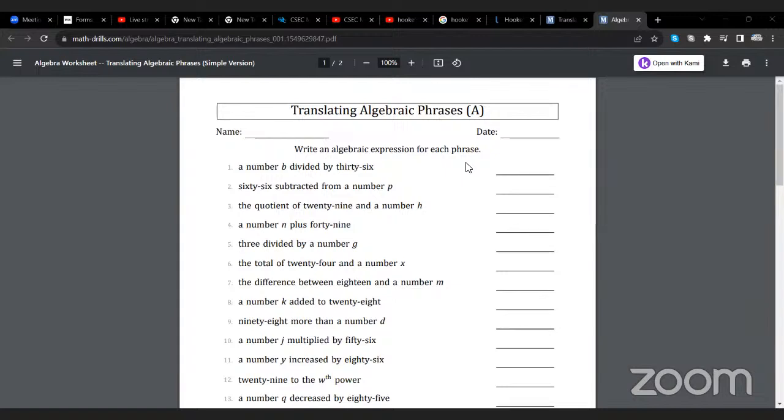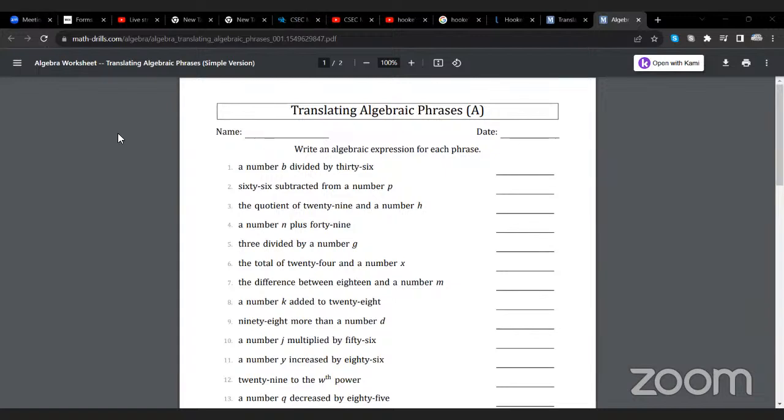Note it's a number B divided by 36. So how would you write this using an algebraic expression? A number B divided by 36. Try again. B divided by 36. That's correct.